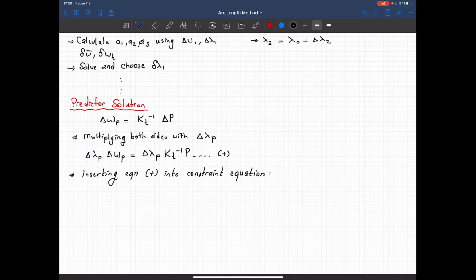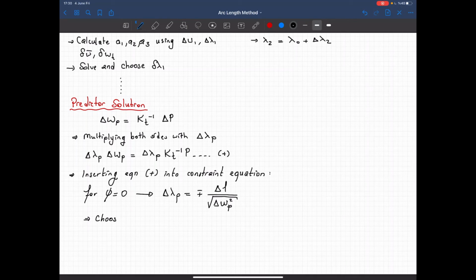and for the simplification I will write it for phi equal to 0. Then we have delta lambda P as equal to plus or minus delta arc length divided by the square root of the squared terms. Okay, and now which one to choose?